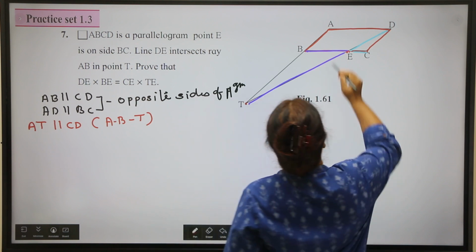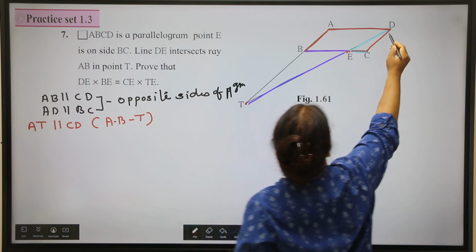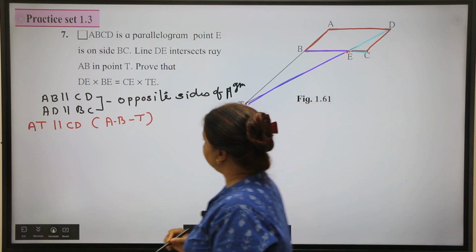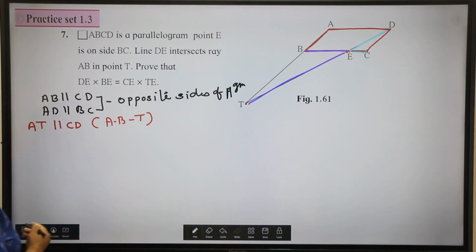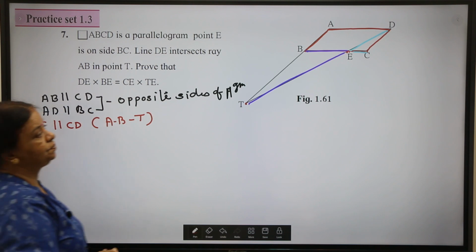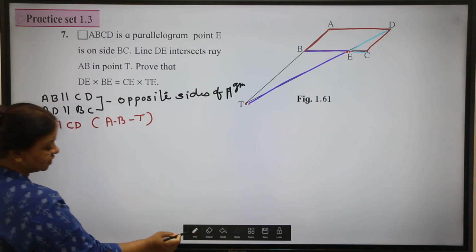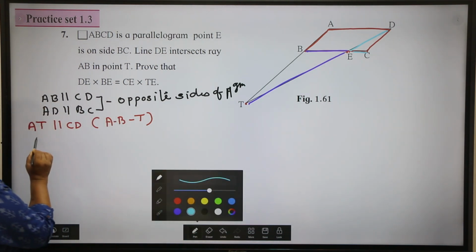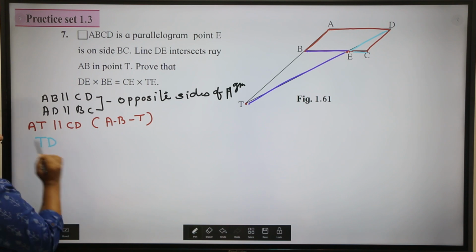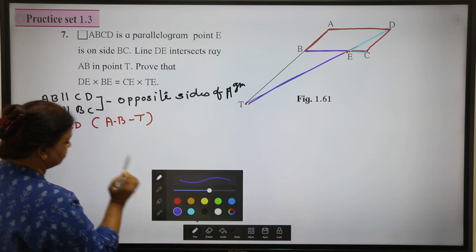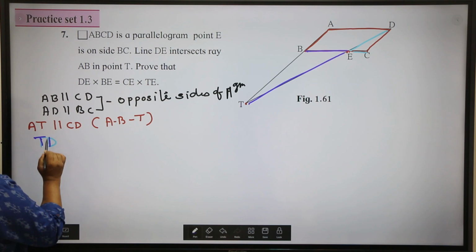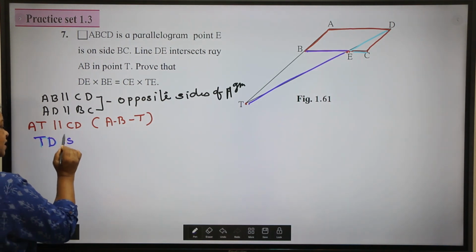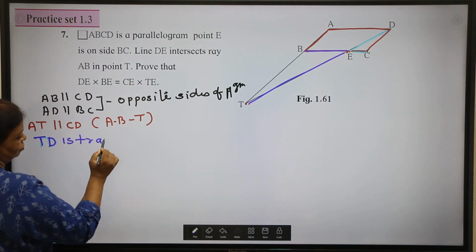So I can also say AT is parallel to CD. And if AT is parallel to CD and TD is a transversal, TD is a transversal. I'll show you now how.